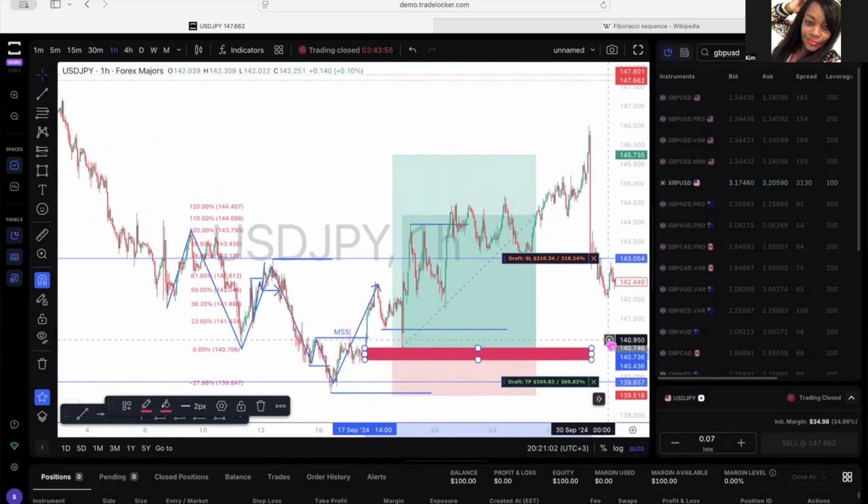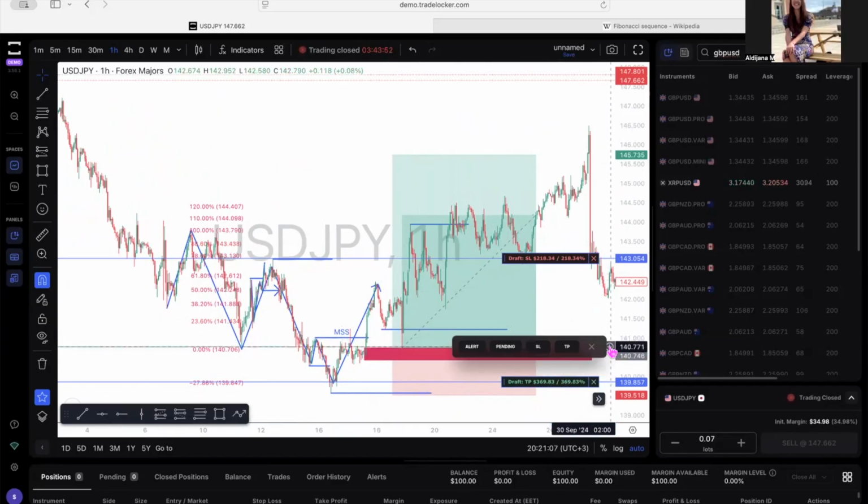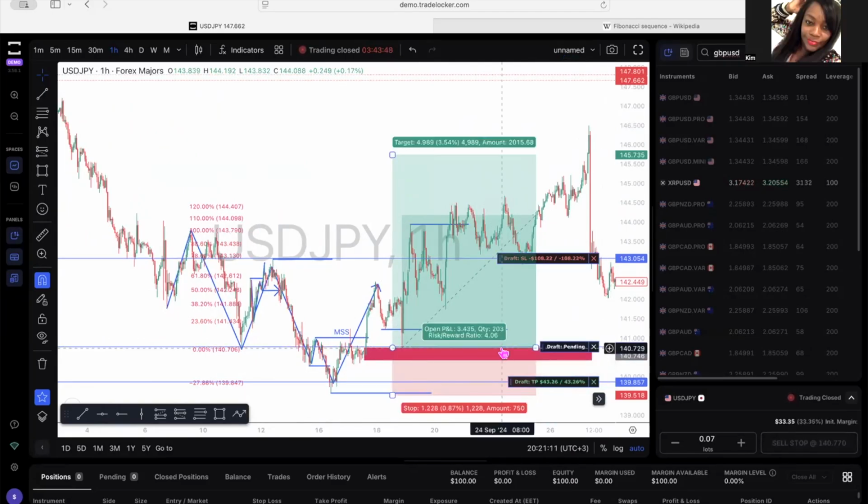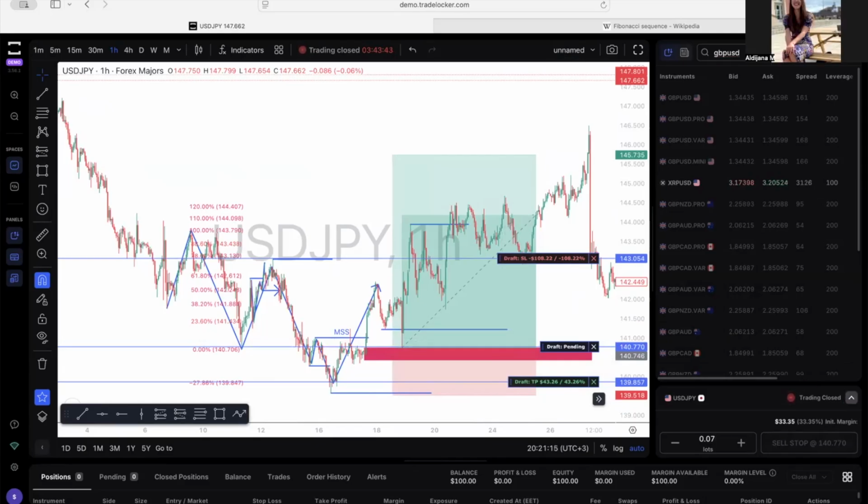I'm gonna bring my crosshair down to this zone. Click plus. I'm gonna hit pending. So this is not you automatically entering the trade, this is me setting up the pending limit. So when price pulls back to that zone, it will put me in the trade.